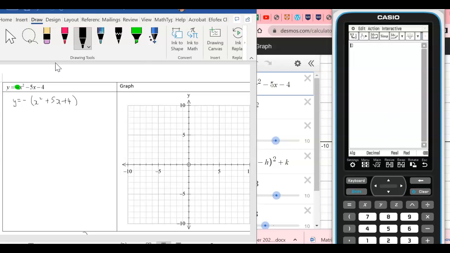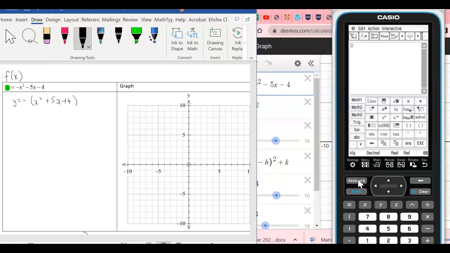So first of all, I need you to understand that another way of writing y is f of x. When you head towards methods, you'll see y equals still, but we use the function notation f of x. So in your calculator, we're going to use f of x.